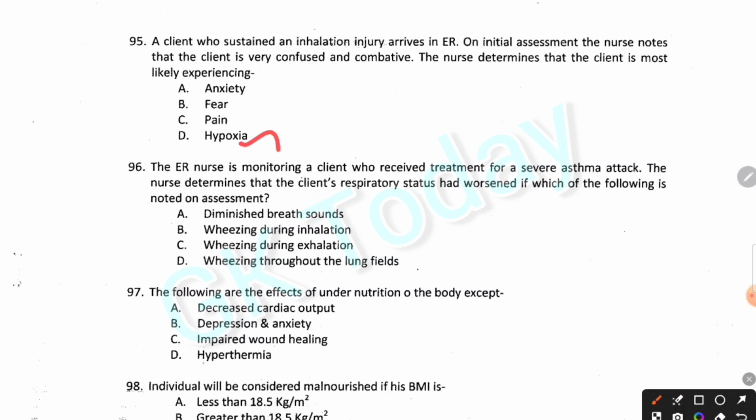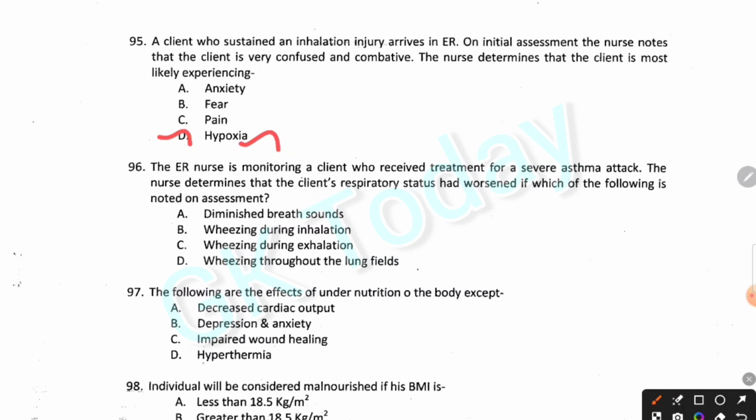A client who sustained an inhalation injury arrives in the ER. On initial assessment, the nurse notes that the client is very confused and combative. The nurse determines that the client is most likely experiencing hypoxia. Correct answer is option D.